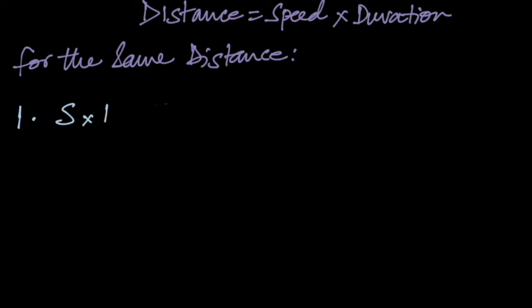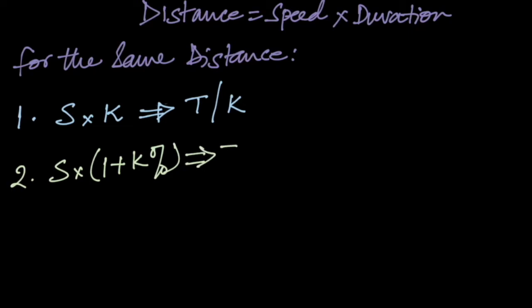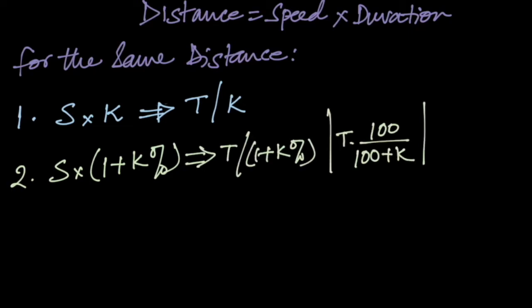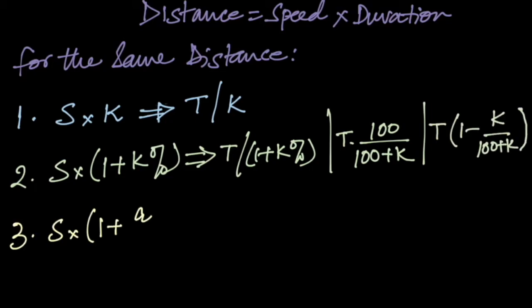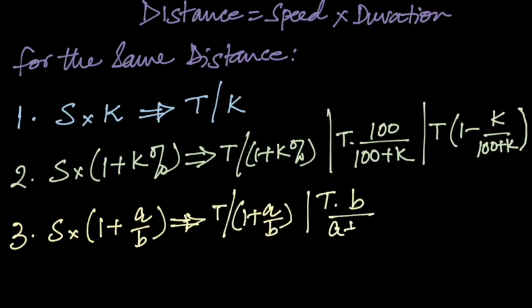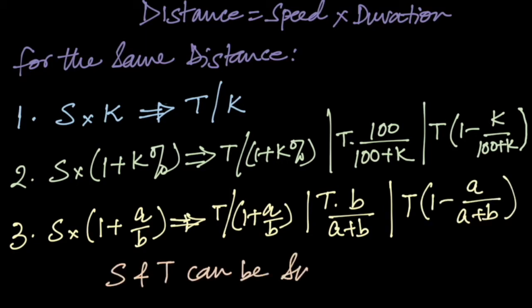So now we can recap the three ways of expressing changes to speed and its impact on time duration. Speed and time can be interchanged or swapped. And the questions that we are going to solve, it becomes easy when you take one form and relate to the appropriate form for the desired answer.